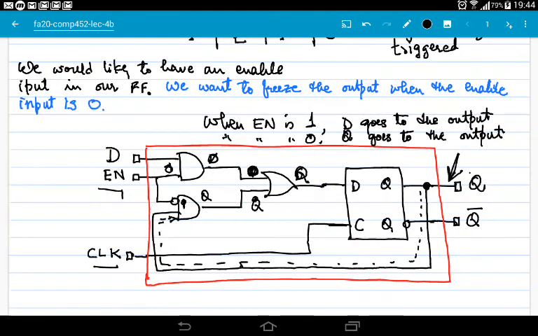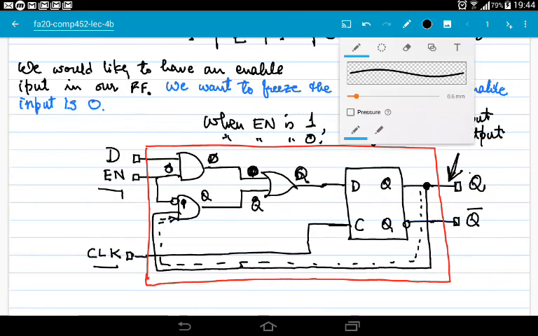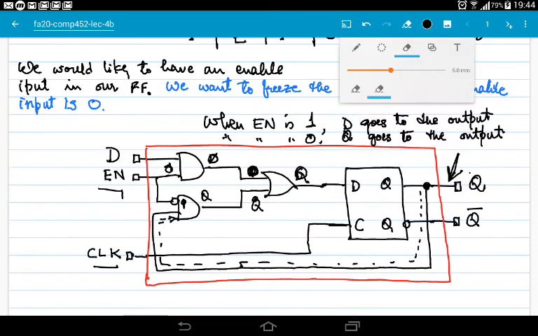By the way, for a negative edge triggered flip-flop, we needed a NOT gate here, and I am sorry that I did not draw it.